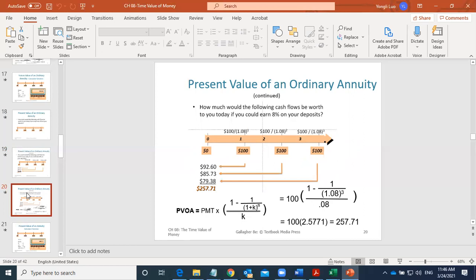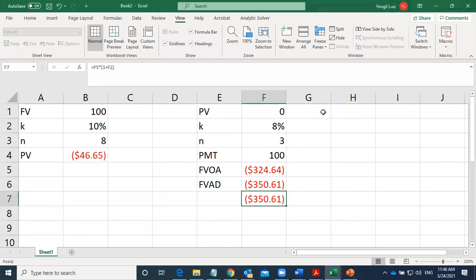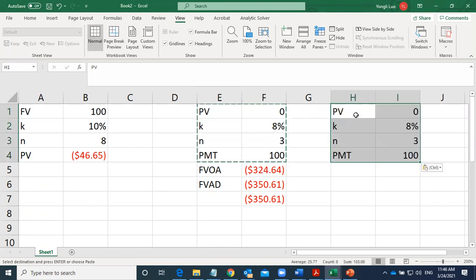All those payments were made at the end of each time period. Let's see here, we do a similar thing. We calculate present value.